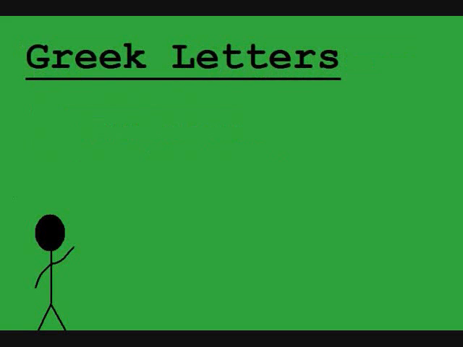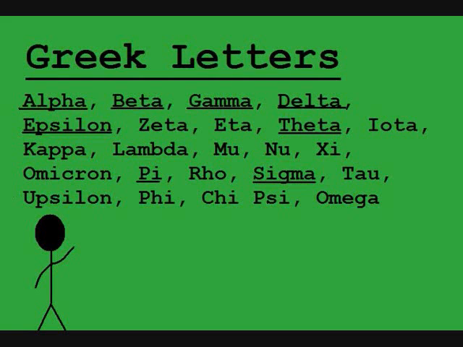Greek letters. The Greek letters are alpha, beta, gamma, delta, epsilon, zeta, eta, theta, iota, kappa, lambda, mu, nu, xi, omicron, pi, rho, sigma, tau, upsilon, phi, chi, psi, and omega.